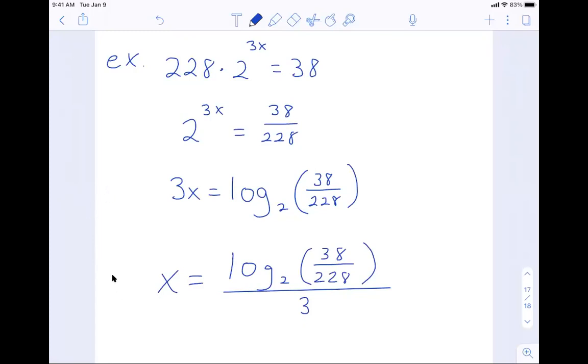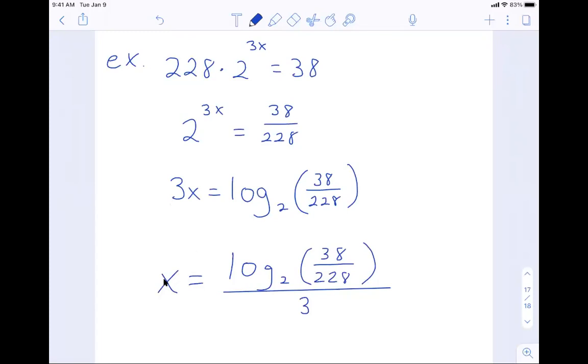All right, let me do that again. All right, log base 2 of 38 over 228. So that's all one number, that whole big thing. And then I want to take all that and divide it by 3.